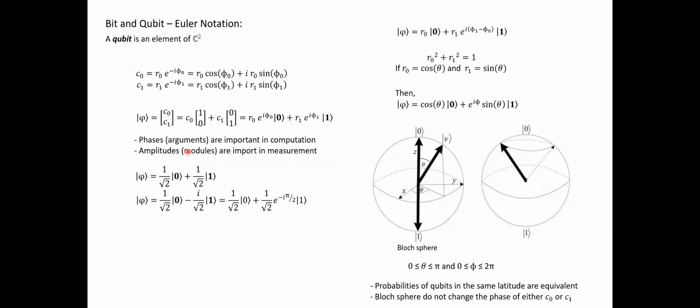So like I mentioned, phases are going to be important in computation, because if we move phases, we'll have different complex numbers. And the amplitudes are going to be important in measurement, where we will find out that several states are equivalent from the point of view of amplitudes.